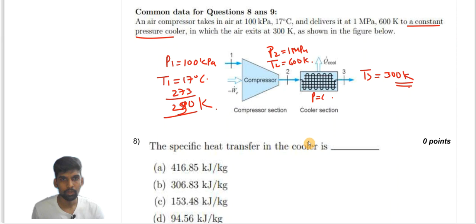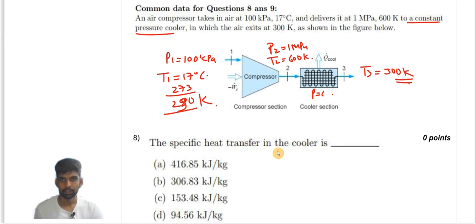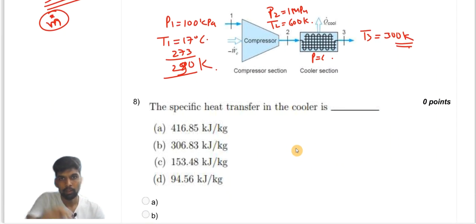So what we'll do is, since m dot 1 is equal to m dot 2 and m dot 2 is equal to m dot 3, because it is a steady state, steady flow process, mass flow rate will not change throughout the process, only single inlet and single outlet. So applying energy equation between 2 and 3, assuming this as our control volume.